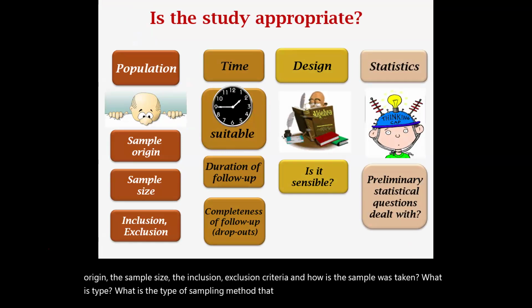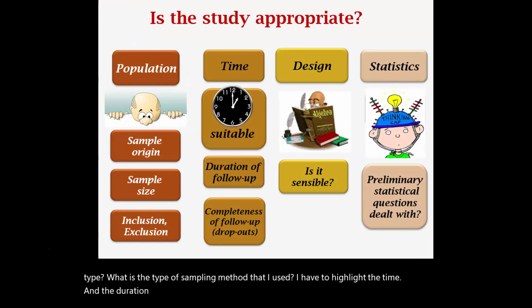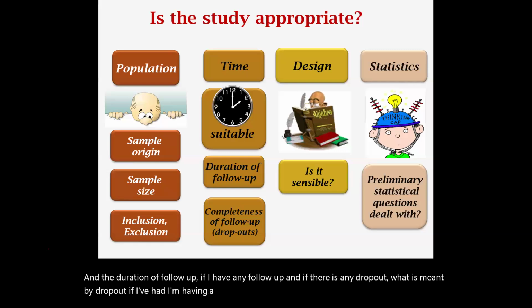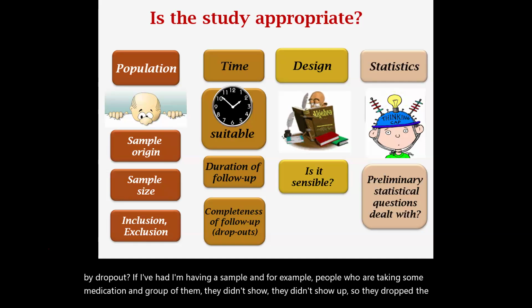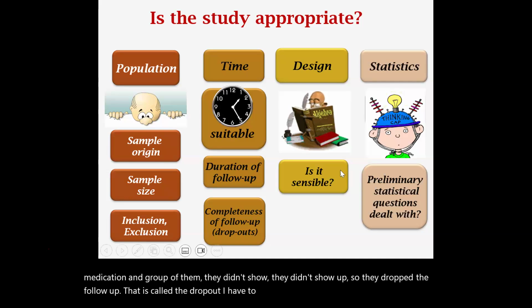I have to highlight the time and the duration of follow-up, if I have any follow-up, and if there is any dropout. What is meant by dropout? If I'm having a sample and, for example, people who are taking some medication, and a group of them didn't show up, so they dropped the follow-up. That is called the dropout. I have to mention that also in my material and method.